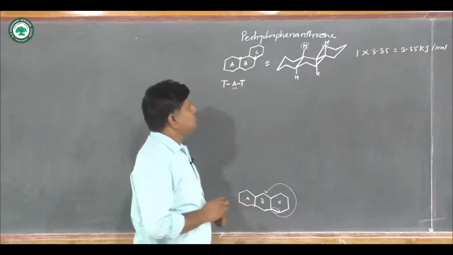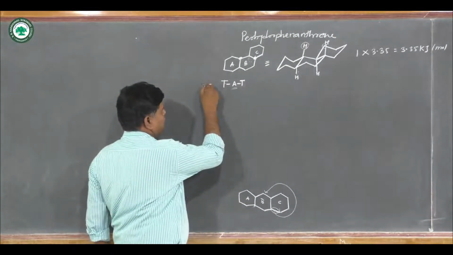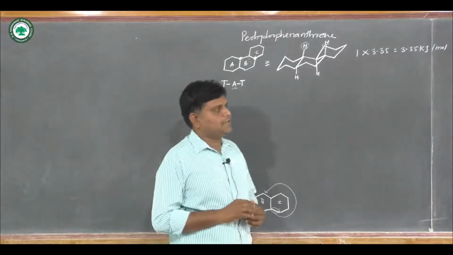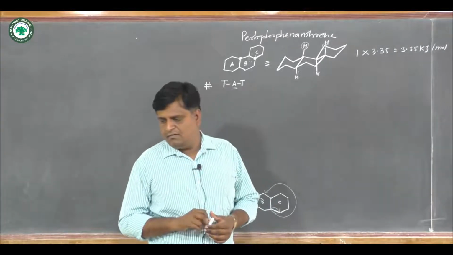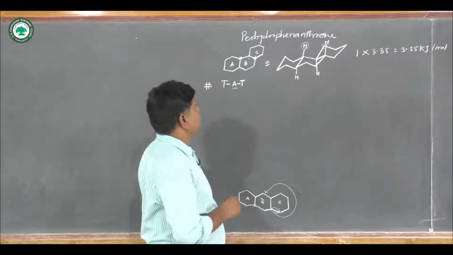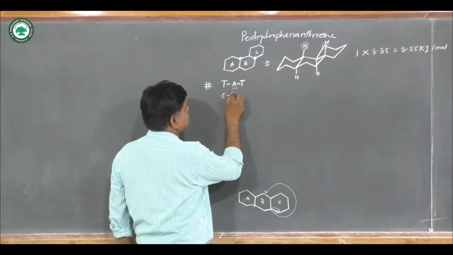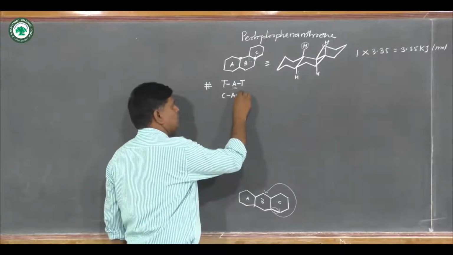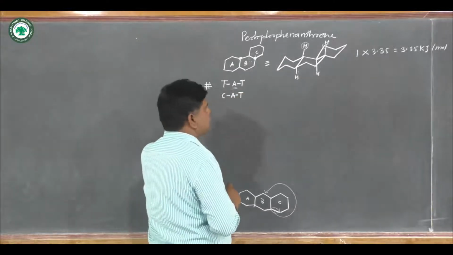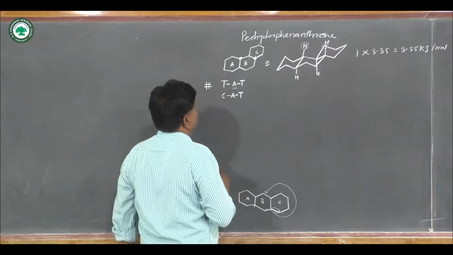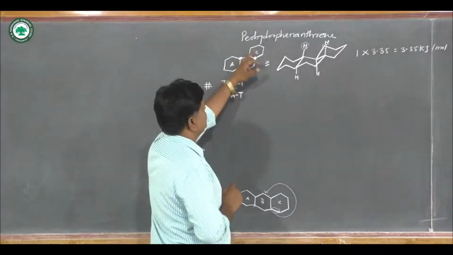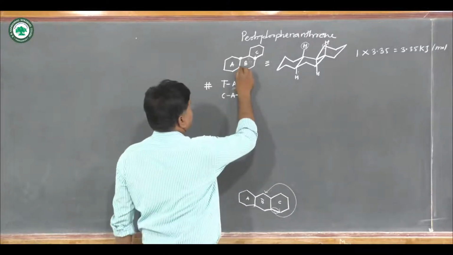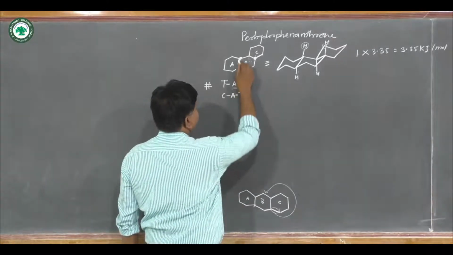Then the next possible conformation for this perhydroanthracene is cis anti trans. We write here cis anti trans, CAT, and the cis anti trans which we show in this structure also. So what are the points? These are the points. This is the cis.